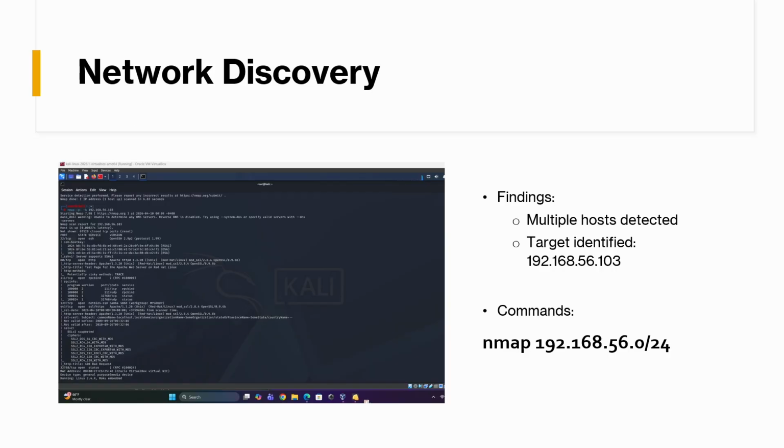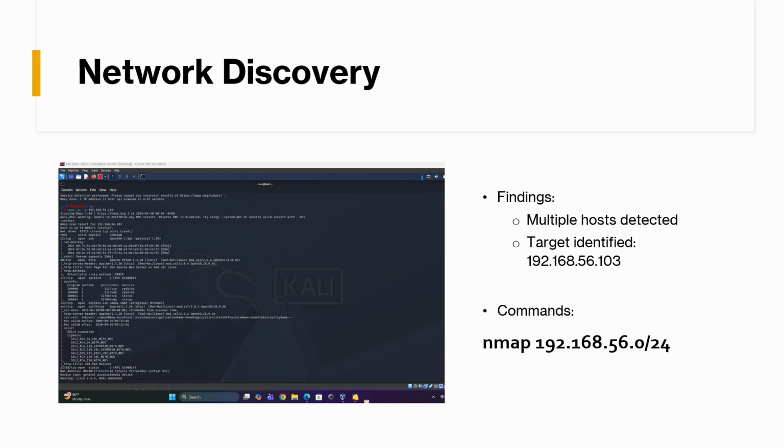So now we conducted a subnet scan to identify active hosts within the network range. This step is essential because before targeting a system, an attacker must first determine which IP addresses are in use and responsive. The scan revealed multiple hosts, including the CYB610 machine at 192.168.56.103.